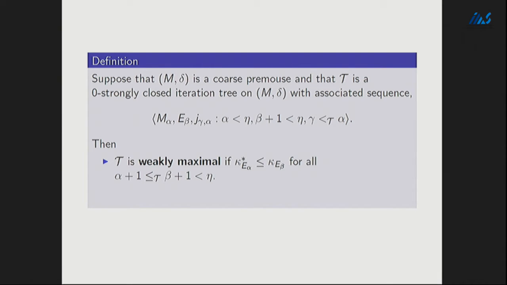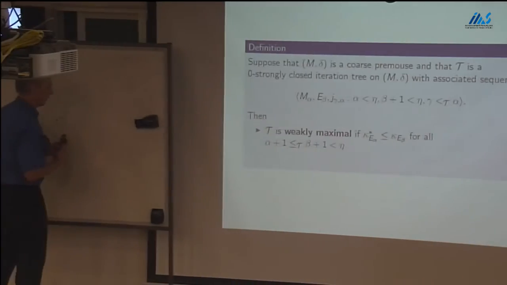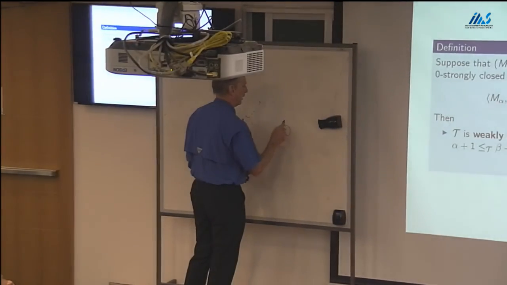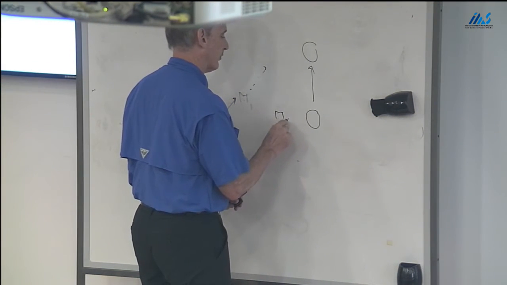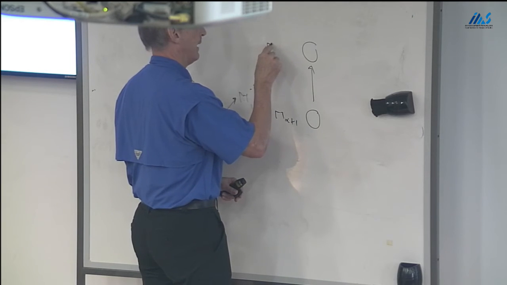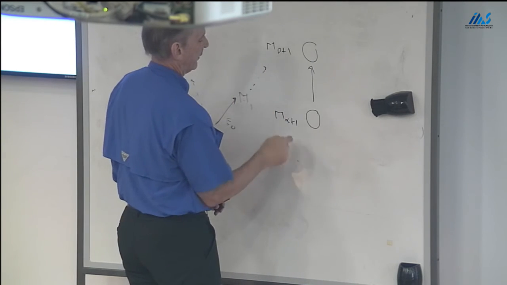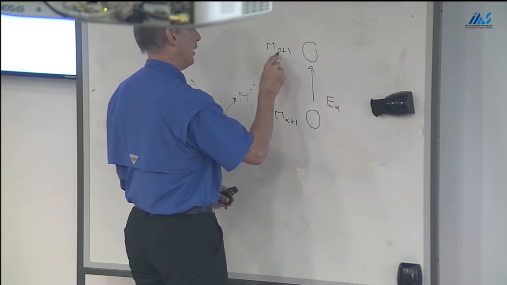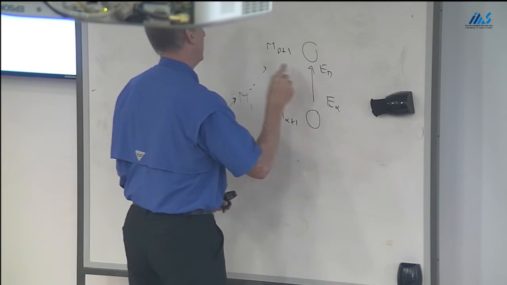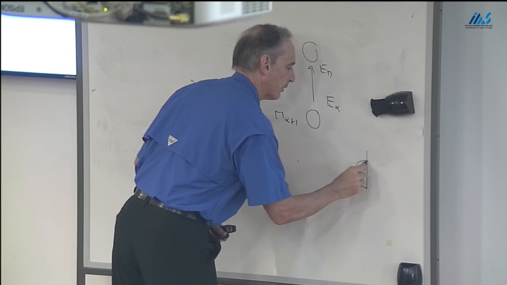We say the tree is weakly maximal. There's the definition, but let me give you the picture. It's weakly maximal if whenever you have a model in the tree that's tree related to another, so this is M alpha plus 1, this is M beta plus 1, then there's an extender that was used, that was E alpha, and then you got to this model by E beta, and if you look at these extenders, they have a critical point and an image of the critical point.